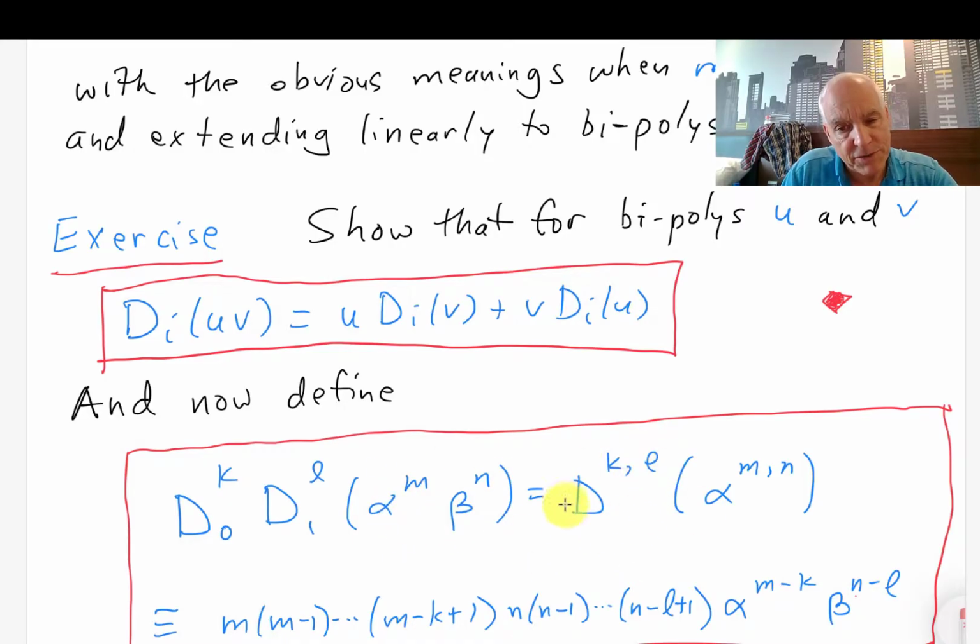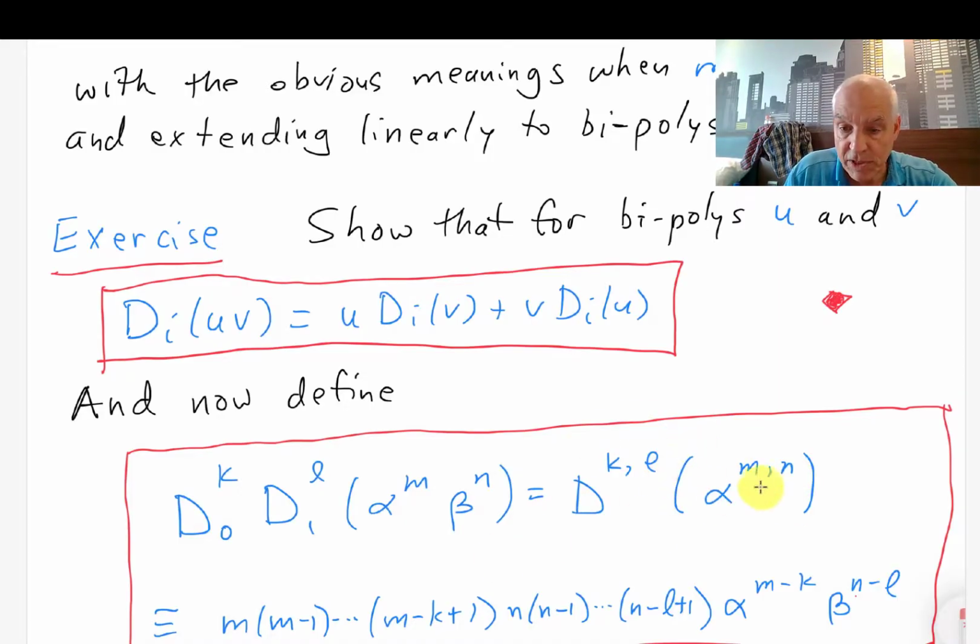And we can introduce this notation sort of consistent with what we were talking about, right? We don't really need the zeros and ones because we know what the ordering is. So we can just encode the information with a capital D superscript k comma l, acting on alpha to the m comma n. And sort of implicit here are the underlying zeros and ones, which are sort of the building blocks of these things.